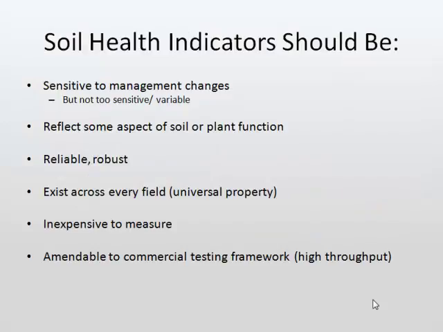If you're going to go out and grid sample, maybe once every 5 years or once every 10 years, you're going to actually not just have pH and base cations measured, but you're going to have some of these biological and physical parameters measured as well, okay? And be able to afford that and not have it be a very big bill coming to your door.